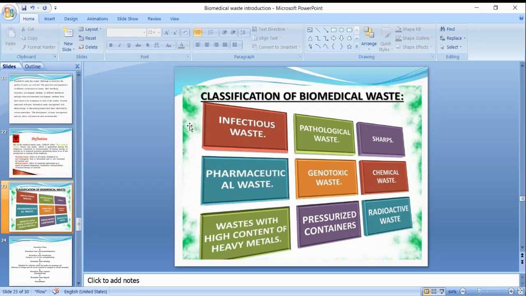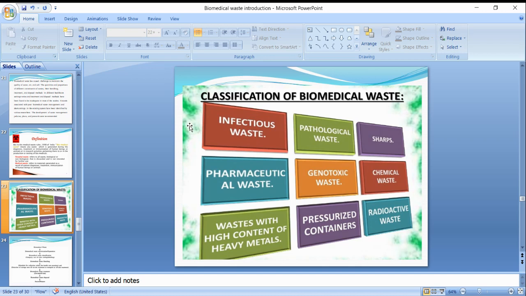So how was it classified here? We can see infectious waste, pathological waste, sharps, pharmaceutical waste, genotoxic waste, chemical waste, waste with high content of heavy metals, pressurized containers, and radioactive waste. These are the wastes which come from biomedical waste.